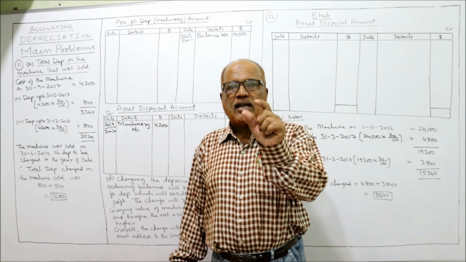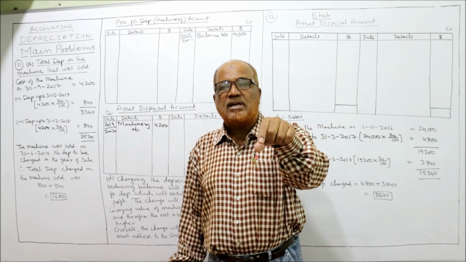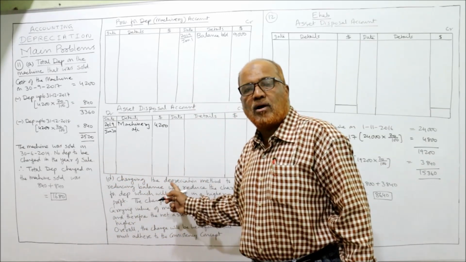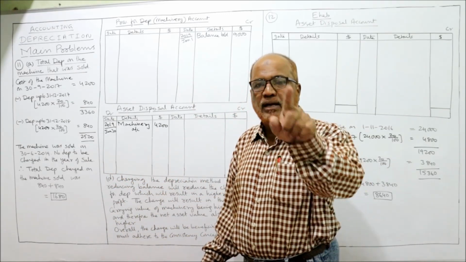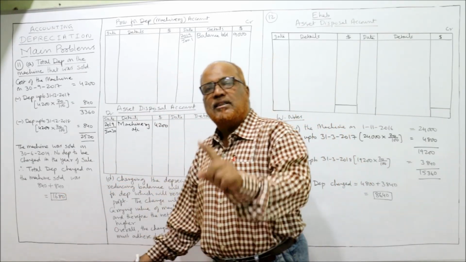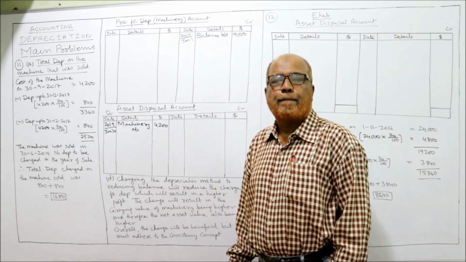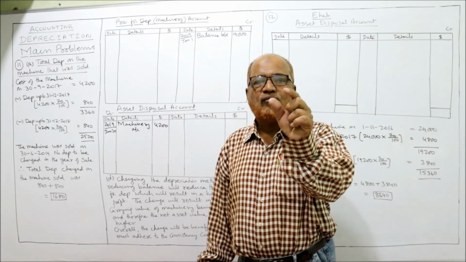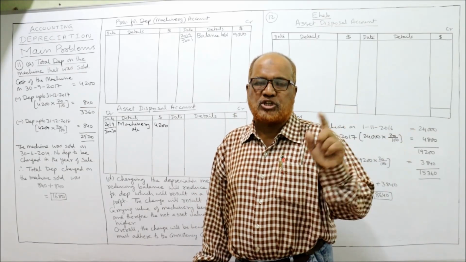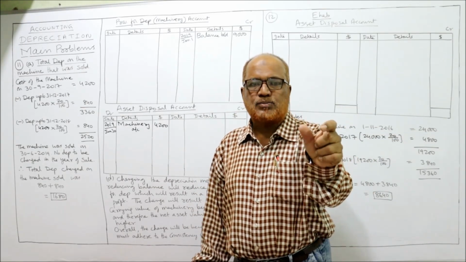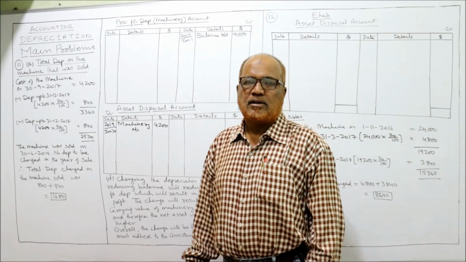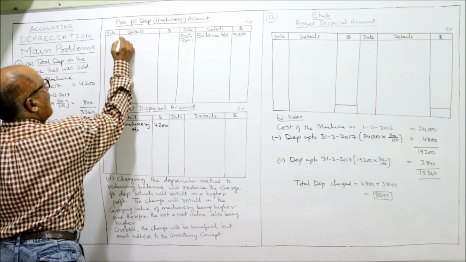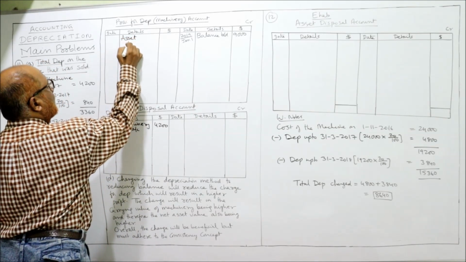Second entry: transfer the total depreciation on that machine which was sold to asset disposal account. The total depreciation is 1,680. This 1,680 will be transferred to asset disposal. The entry will be provision for depreciation account debit, asset disposal credit. The provision for depreciation should be debited, so here I am writing asset disposal.